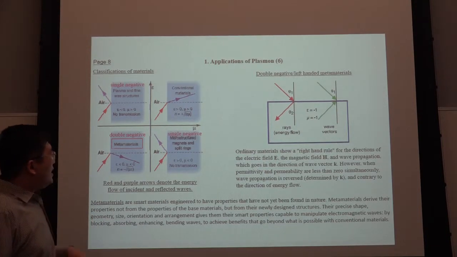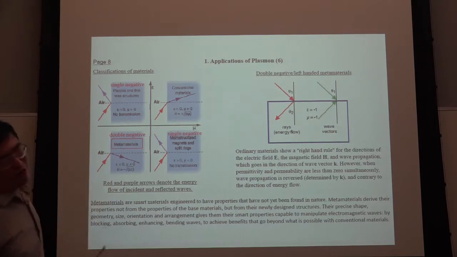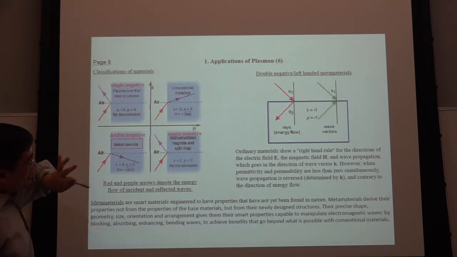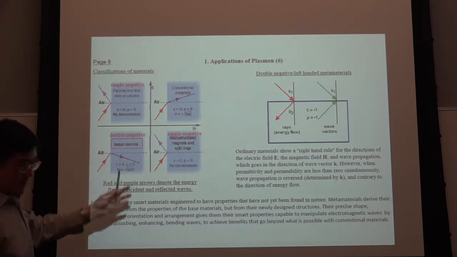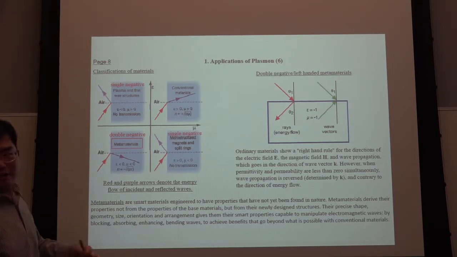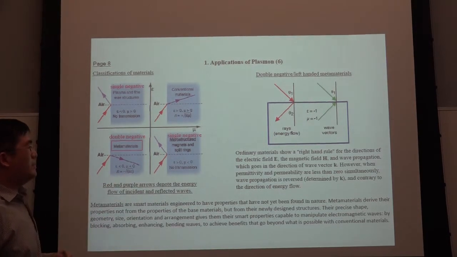That means these typical metamaterials are inhomogeneous, like some periodic structure. When you see this inhomogeneous structure as a homogeneous media, or use the effective media theory, this homogeneous media satisfies the relationship epsilon smaller than 0 and mu smaller than 0 effectively.